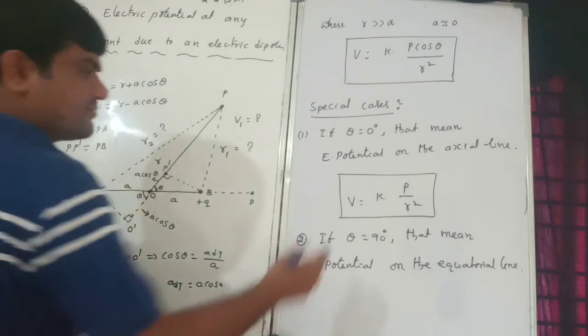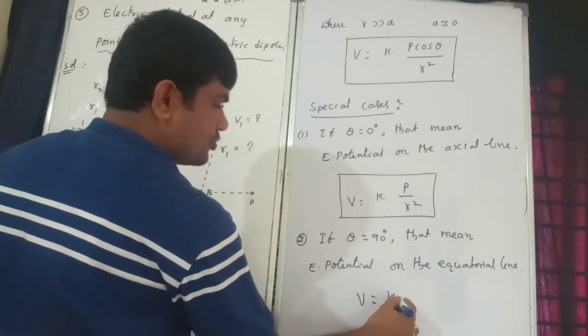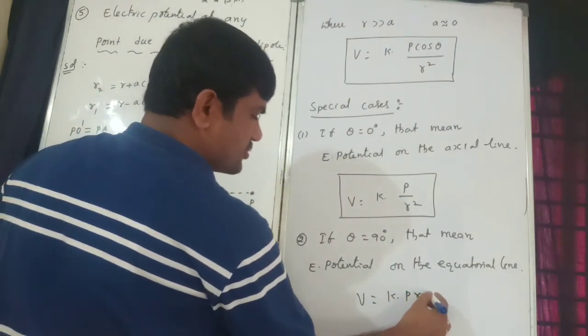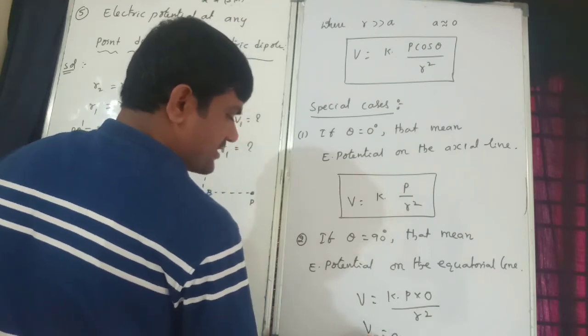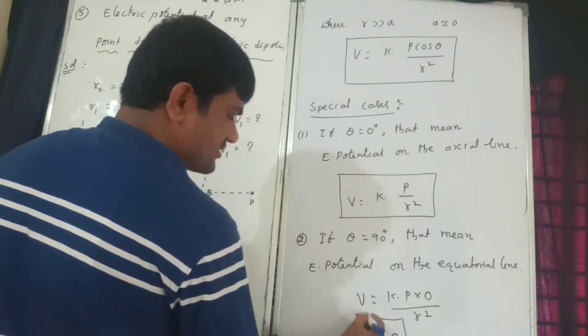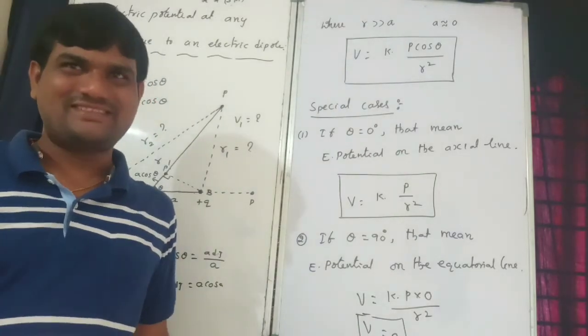Then what happened? V is equal to K into P into cos 90, which is 0. 0 by anything is 0. Remember, very important point: on the equatorial line it is 0.